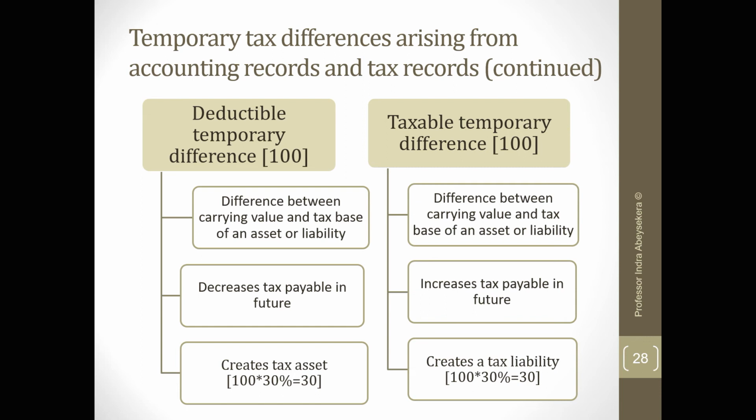And if it is a taxable temporary difference, that difference, when we calculate using the tax rate, means we have an obligation to pay tax. So that will generate a deferred tax liability.